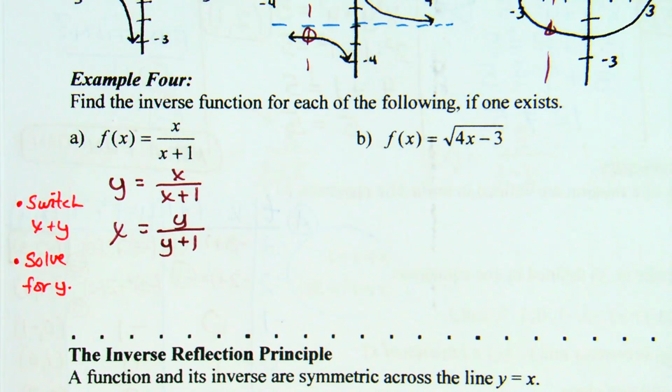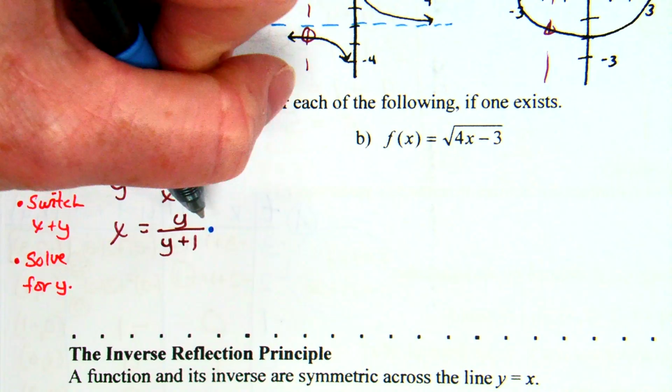How do you get rid of the denominator of a fraction? You multiply by it. And so that's essentially what Cole's having us do. Since it's y divided by y plus 1, I'm going to multiply by y plus 1. If I multiply one side by y plus 1, multiply the other side by y plus 1. So, what is x times y plus 1?